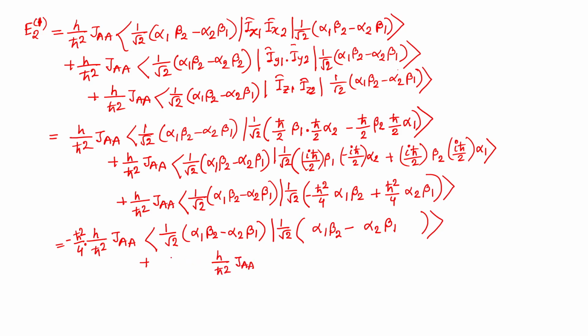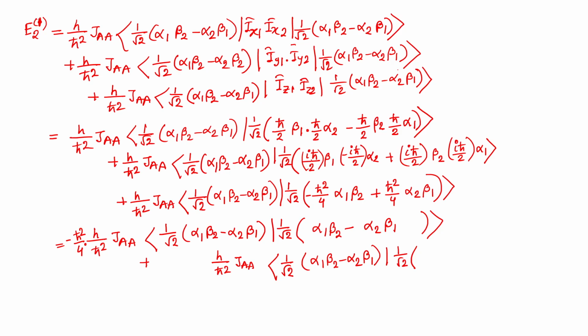So I have given this space because you understood already that I am going to take something common. 1 by root 2, 1 by root 2, alpha 1 beta 2 minus alpha 2 beta 1, then 1 by root 2, and this is the part which we are talking about.